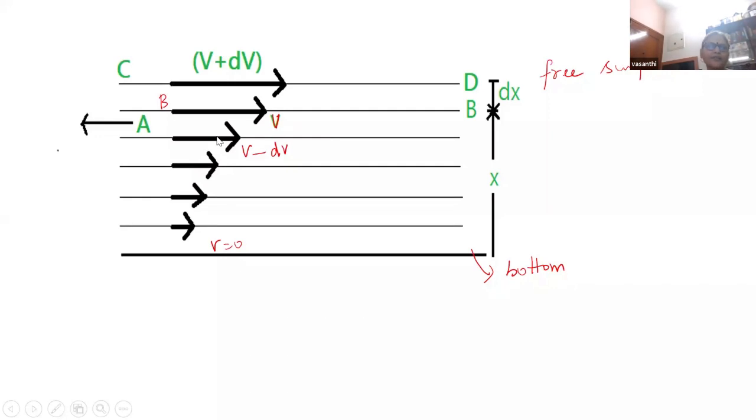Do you agree or not? Yes. So, is it allowed to move with its own velocity V? No. Its motion is opposed.